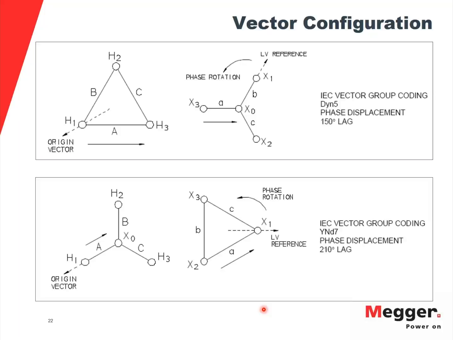If we have a transformer with an inductive LTC, do you recommend to make winding resistance in all the taps? For a transformer with an inductive LTC, actually, it's interesting to do the test one direction and the opposite direction. So I would suggest you go through all the tap change positions, back and forth.